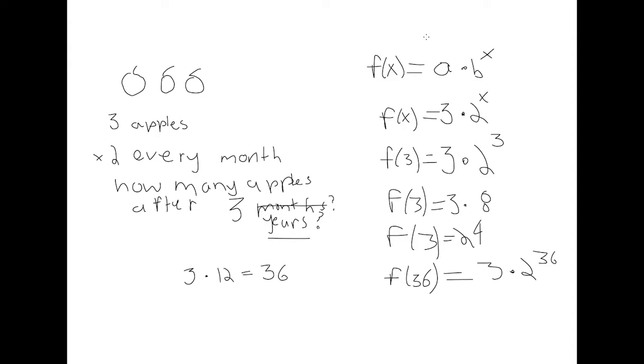So that's exponential functions. And I just want to go over one more thing before we finish the video. So exponential functions can be both growth and decay functions, okay? So growth or decay.